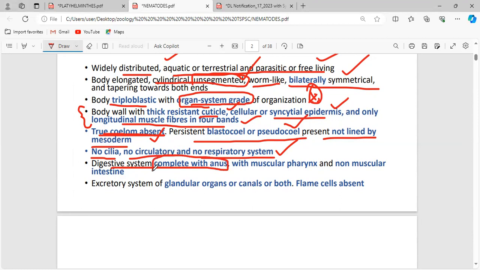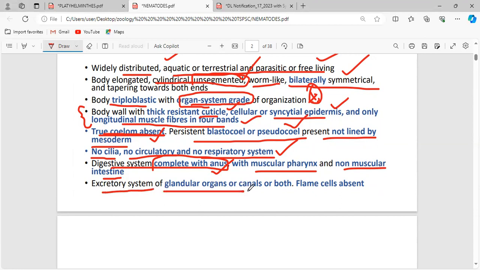What about platyhelminthes? The digestive system is incomplete because every other organ in the digestive tract is present except the anus. But in the nemathelminthes, it is complete because starting from the mouth and ending with the anus, all parts of the digestive tract are present. It is complete with muscular pharynx and non-muscular intestine.